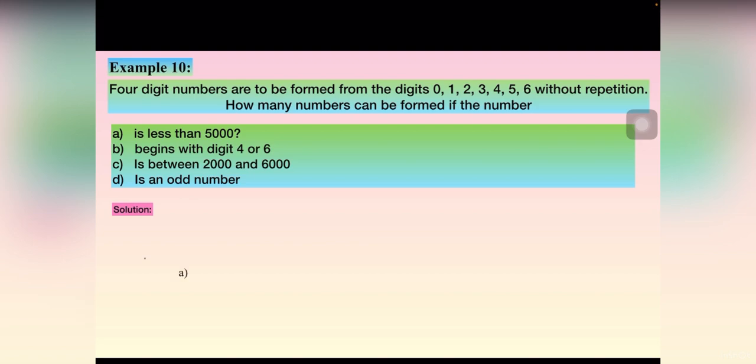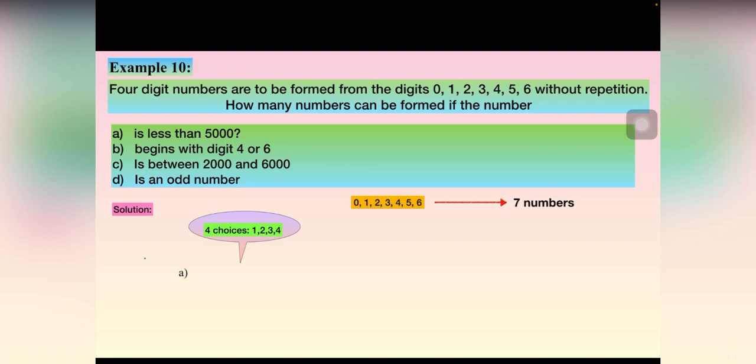Solution. A, it is less than 5,000. We have to form 4-digit numbers from, how many digits do we have here? 0, 1, 2, 3, 4, 5, 6. We have 7 numbers.